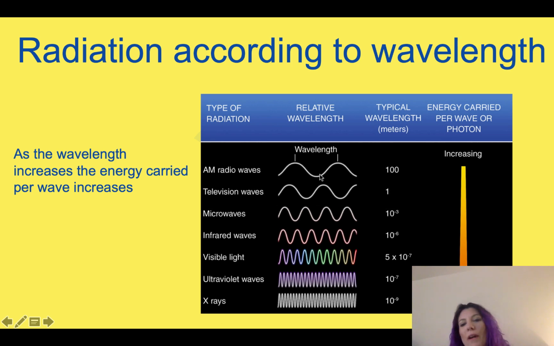But AM radio waves are going around all the time, and that doesn't bother us at all. Visible light also wouldn't bother us. UV waves aren't good for us either. You can see here how more energy is associated with shorter wavelengths. And we'll get into that in a minute.